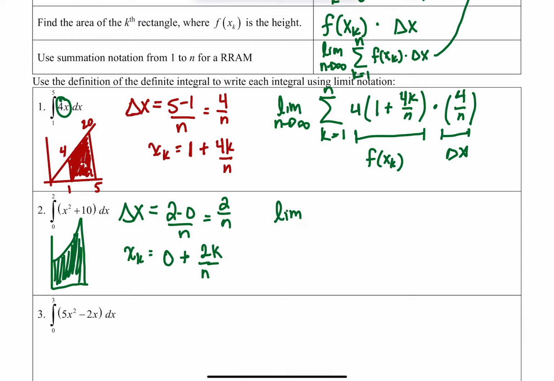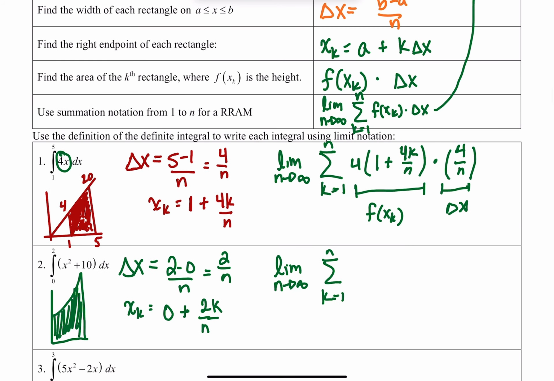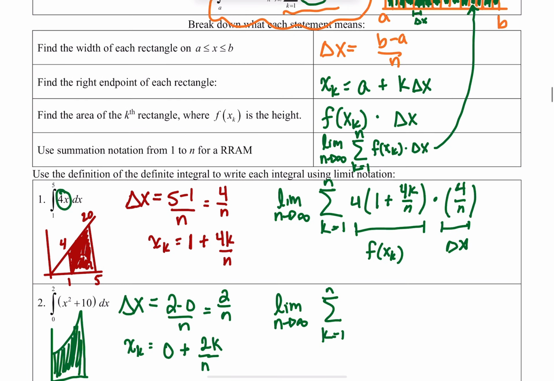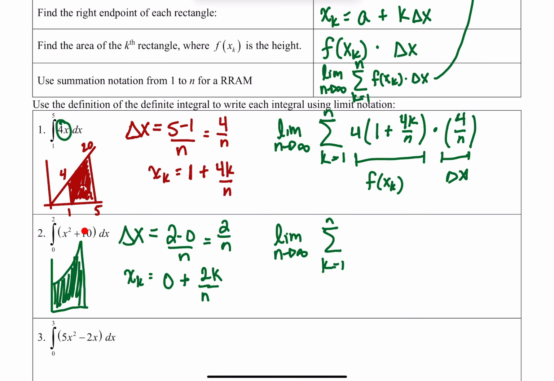Then I'm going to write the limit as n approaches infinity of my summation of k from 1 to n. And then my function. Remember that this is going to be f of x sub k, which is this whole thing right here. So we have x squared, but instead of an x, I'm going to write 2k over n, squared, plus 10.